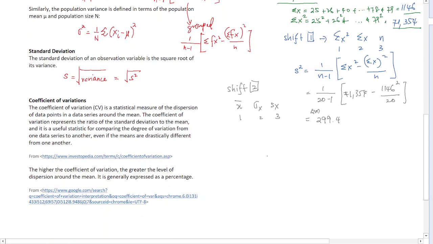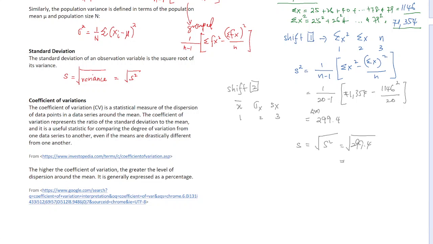Okay, if you want to find the standard deviation, so s is just simply the square root of s squared. And this is just simply taking the square root of 299.4. So this gives you, kalau kata kat sini, shift number 2, number 3, 17.3.